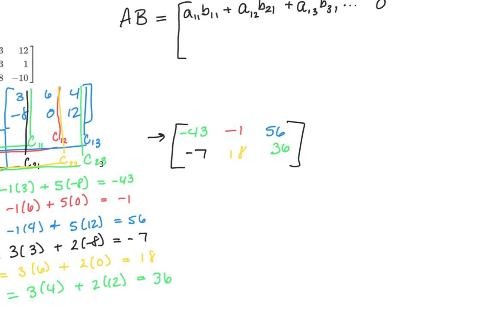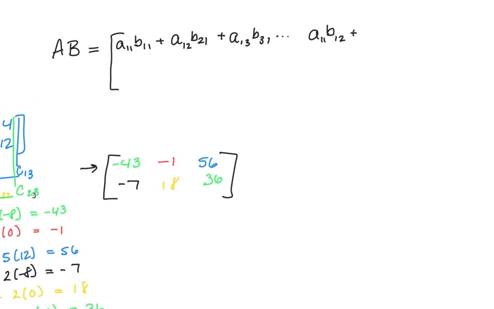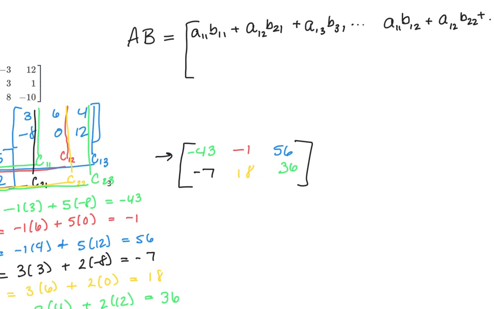Then I'd go to the A11 and multiply it by the next row, column over in the B, B12, plus the A12, the next entry down in column 2 would be the B22, and etc. And then my next row in the A would be the A21.